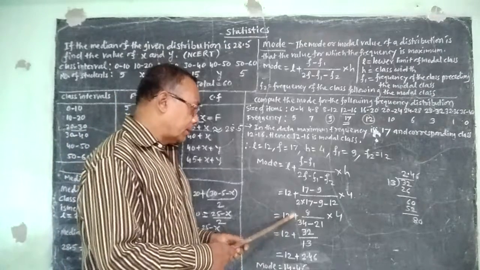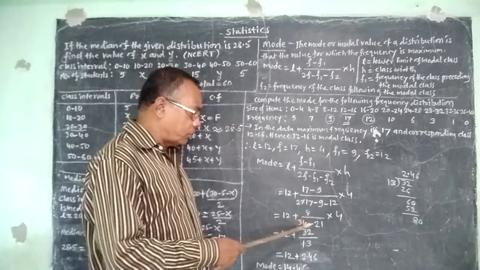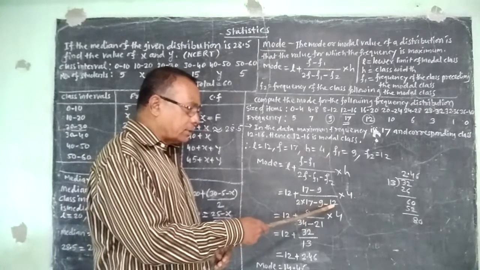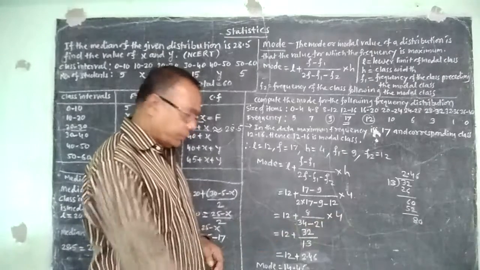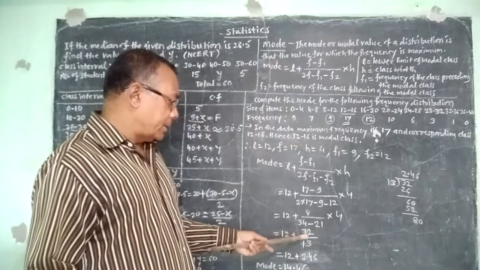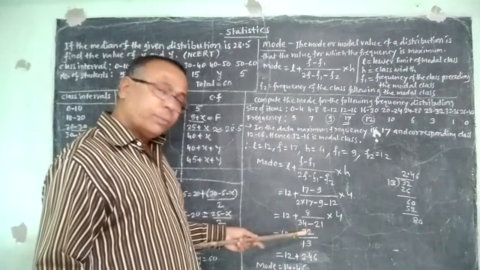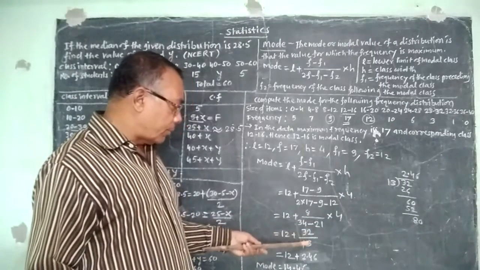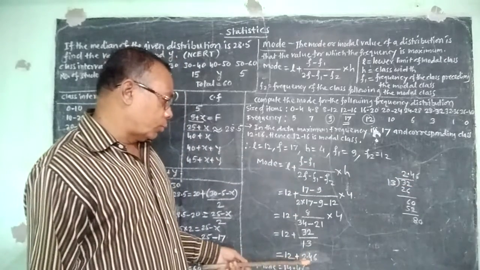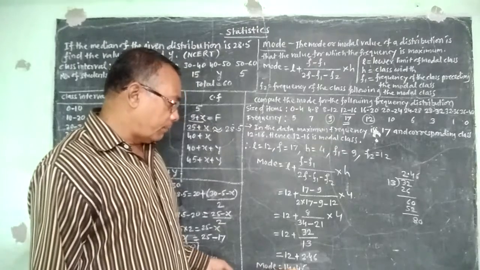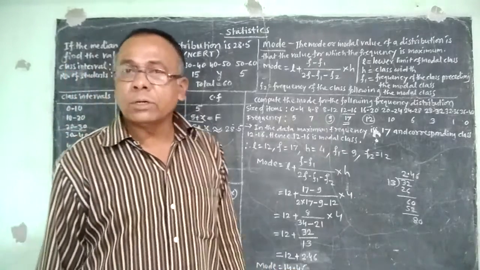So here 12 plus 8 divided by (34 minus 9 and minus 12, that is minus 21), so 34 minus 21, into 4. Here 12 plus 8 divided by 13, and 8 fours are 32. And now 32 upon 13 we will get 2.46. And therefore 12 plus 2.46 is equal to 14.46, and therefore the mode is equal to 14.46.